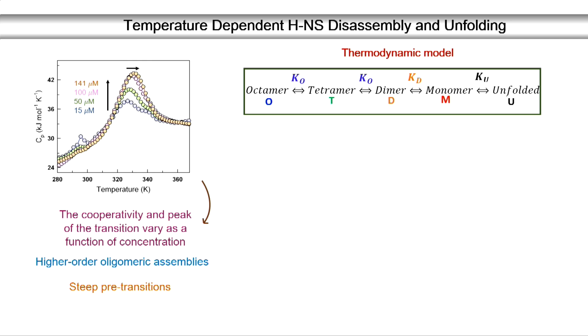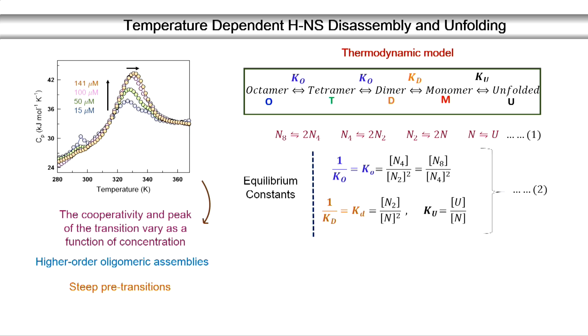And hence, to completely capture the features of this system, you will need Ku, Kd, Ko, and also the enthalpy associated with these transitions, and hence the entropy as well. So this is the simplistic representation: N8, the octamer, forms N4, the tetramer can form a dimer, which can form a monomer, and the monomer is in equilibrium with an unfolded state.